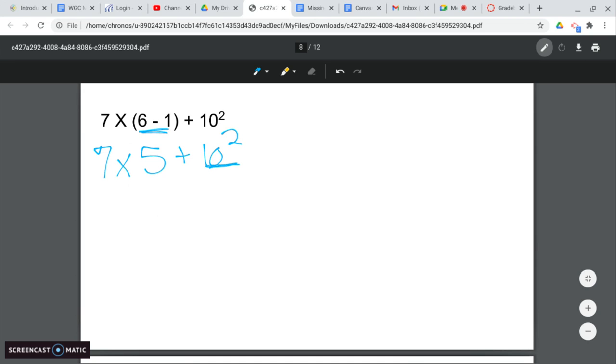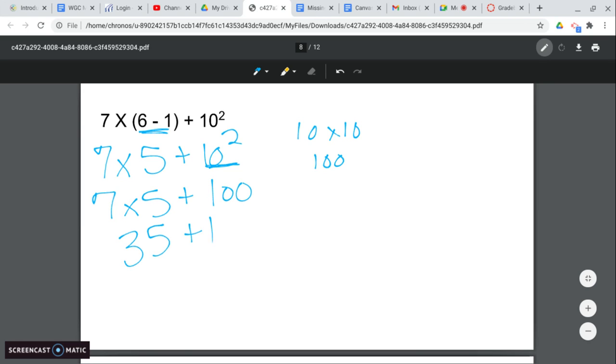We do indeed. 10 squared. 10 times 10 is 100. Next, we do multiplication. So 7 times 5 is 35 plus 100. Last we add, so 135.